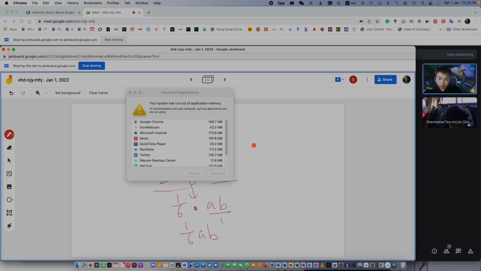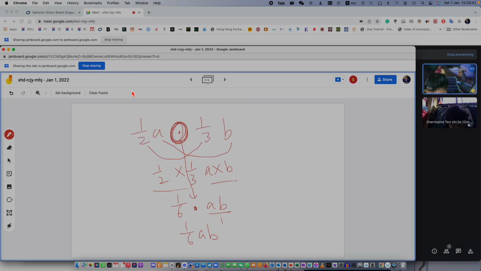Okay, good. Okay, so can you see that 1/6 times AB is AB over 1? Can you see this step? Yeah. So, okay, let me show you on the side. So 1/6 over AB is 1/6 times AB over 1.